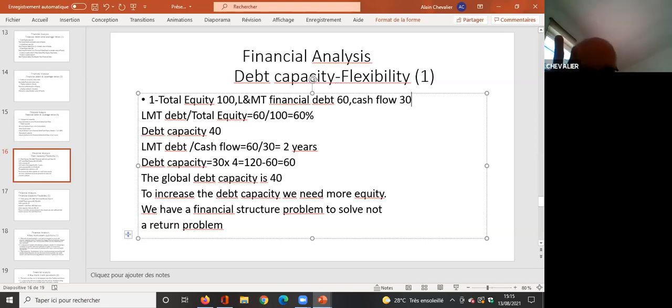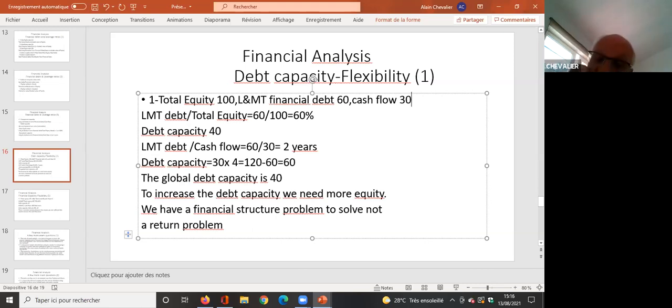That means you have a constraint here. The debt capacity of 40 using the analysis of financial structure, and the debt capacity of 60 if you use the repayment approach. And of course, that's what I tried to explain in the preceding slide, both constraints should be satisfied.